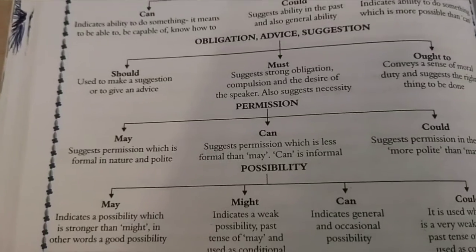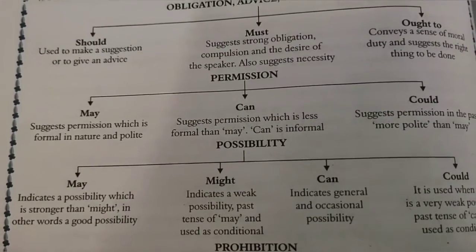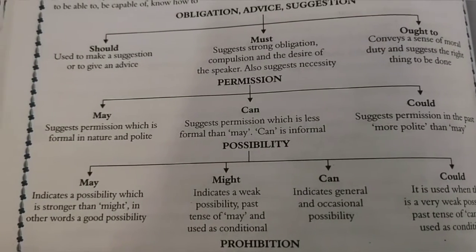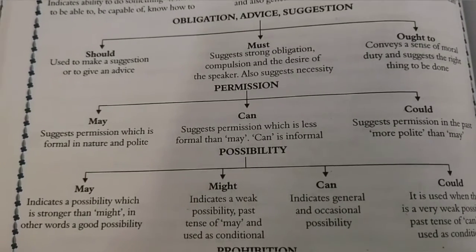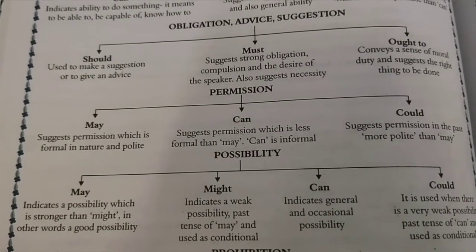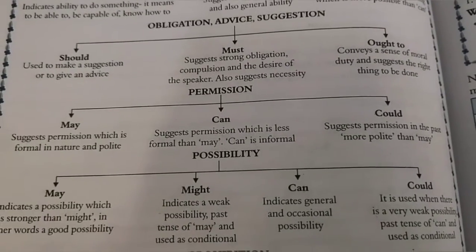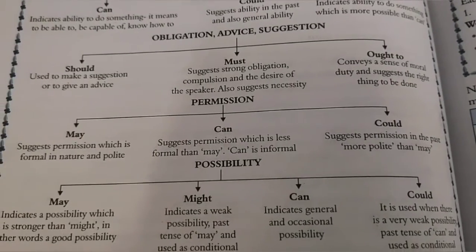Next one is permission. When we express permission, you can use may, can, could. May suggests permission which is more formal in nature and polite. Can suggests permission which is less formal than may. Can is informal. Could suggests permission in the past, more polite than can.